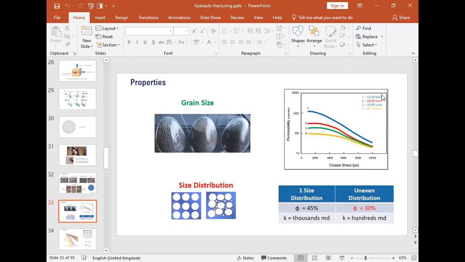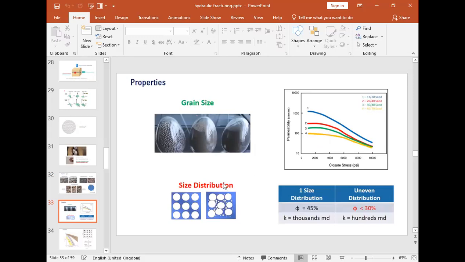So you realize that if I have a 12/20 sand, I am having the highest permeability of that system, and it is able to withstand the highest closure stress of that particular system. So as you're reducing the size of the proppant, you are also reducing the productivity of that particular hydraulic fracturing after the hydraulic fracturing job.